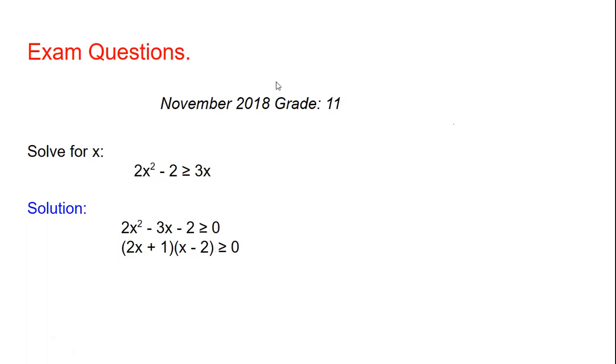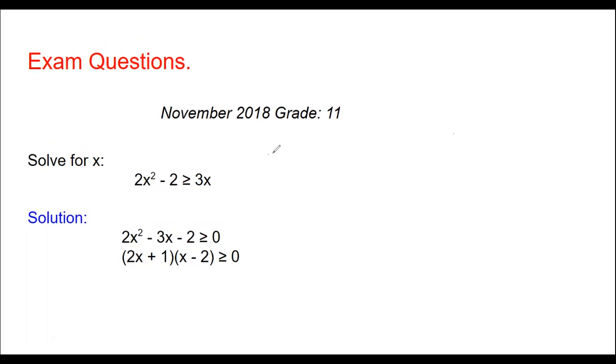Let's see how we got those factors. So we know that 2x times x is going to give us 2x squared. We also know that 1 times minus 2 is going to give us minus 2 here. Then all we do is we cross multiply and then we add to get minus 3x.